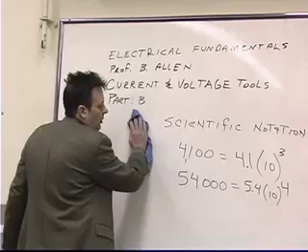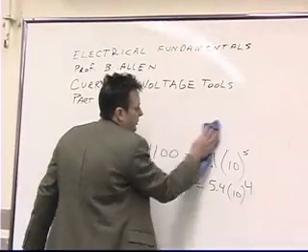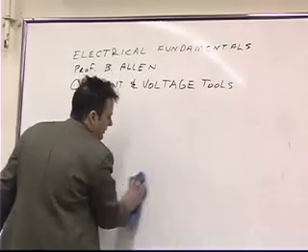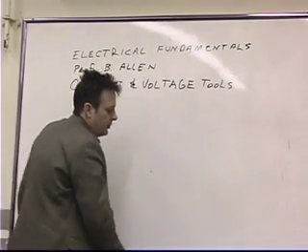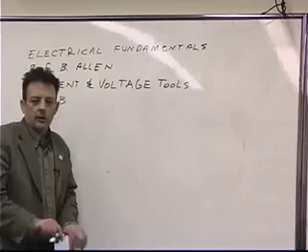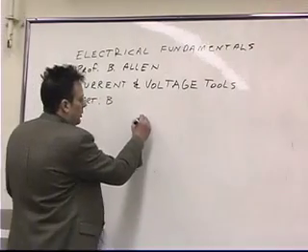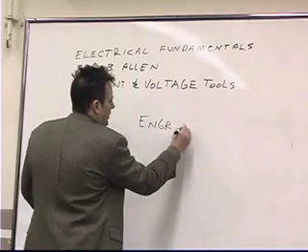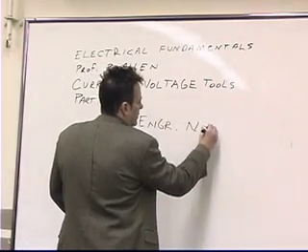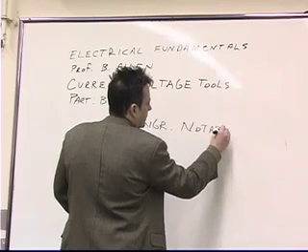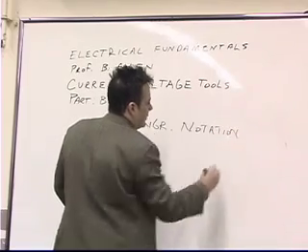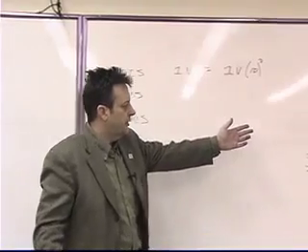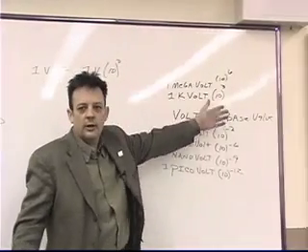Scientific notation, although it's perfectly legitimate and valid and used in a lot of disciplines, is not used so much in electrical. In electrical, we use engineering notation, and if we move over here, this is an example of engineering notation.